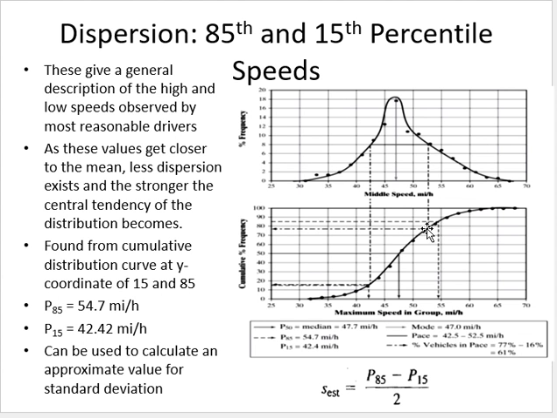Okay? Now we are doing dispersion, right? Variation. Okay, so I got these values, 85th percentile, 15 percentile. Now, for dispersion, I will take the difference between the values. Okay, now this one is very easy.